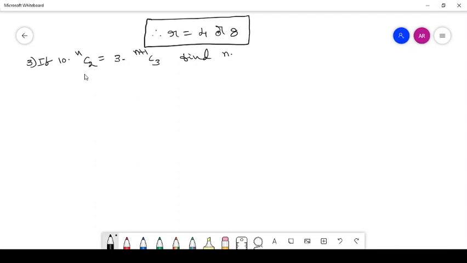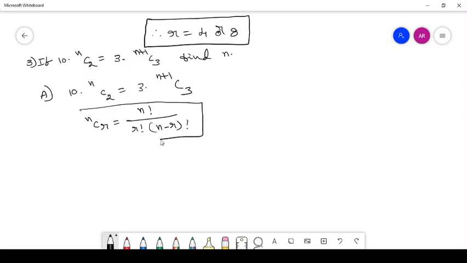We know the result nCr is nothing but n factorial by r factorial into (n minus r) factorial.